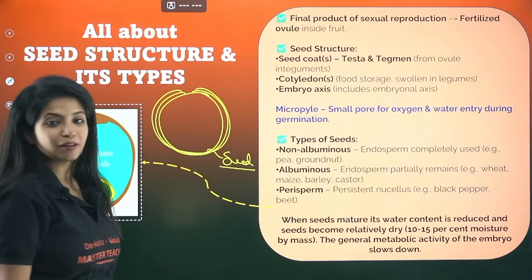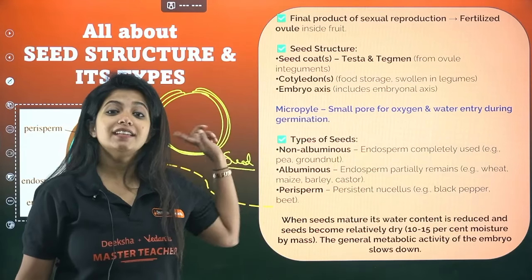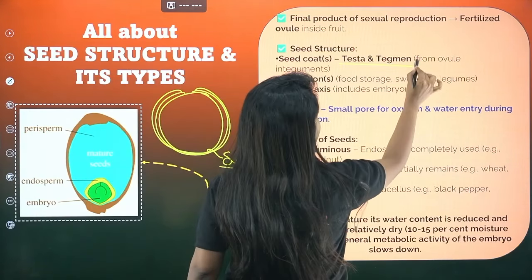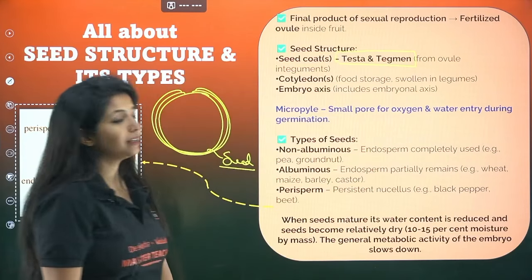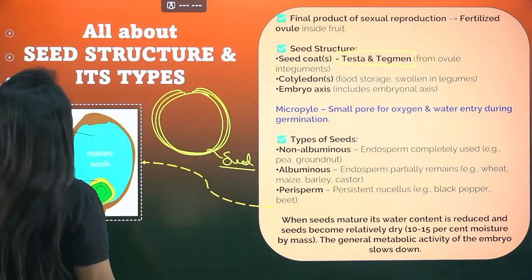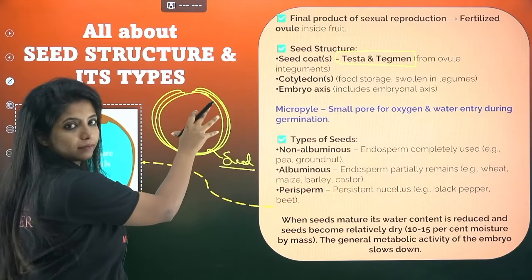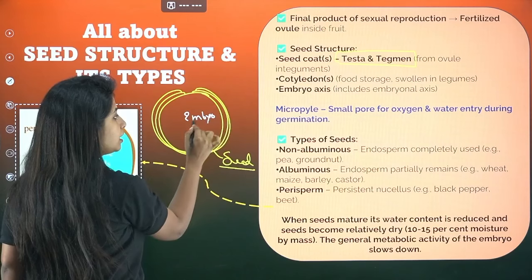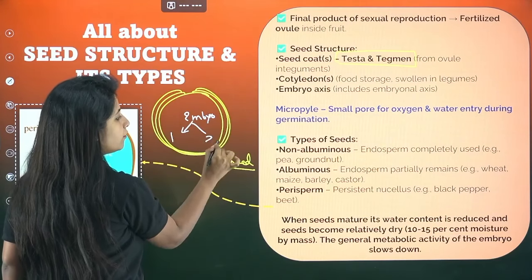How is the seed coat formed? Remember, the ovule had integuments. These will now turn into the seed coat. These are now known as testa and tegmen. Testa and tegmen are basically the seed coats. Apart from this, what does this seed have? The seed has an embryo. The embryo can have either one cotyledon or it can have two cotyledons.